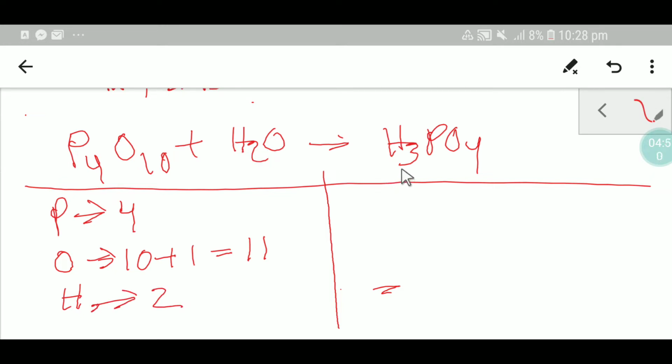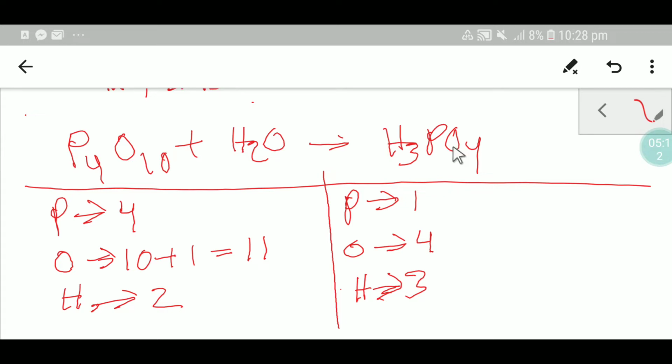In the right hand side, we have here 3 hydrogen. So let me write that: 3 hydrogen, and here we have 1 phosphorus, and here we have 4 oxygen, PO4, that is 4 oxygen.